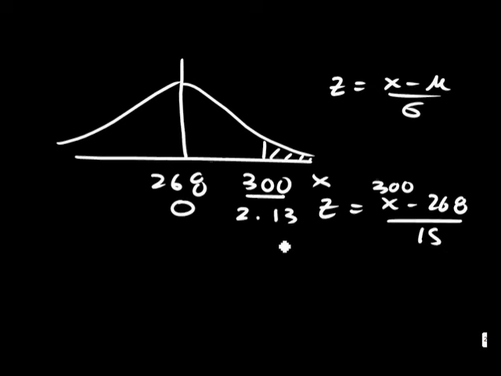We're going to use our z-table to determine the percent of the bow that's not shaded between 0 and 2.13.